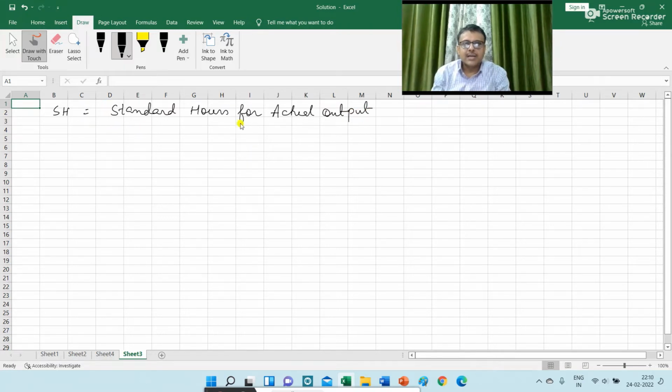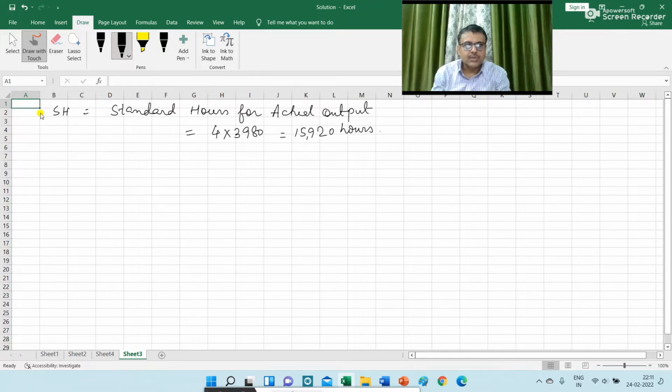SH is the standard hour for actual output, which is equal to 4 into 3,980, that is 15,920 hours. So standard hours is 15,920, calculated for the month of June 2021.